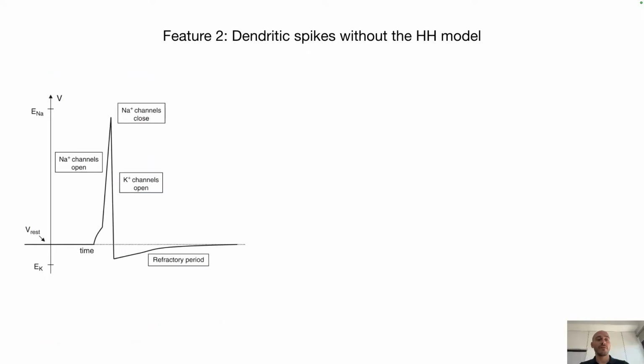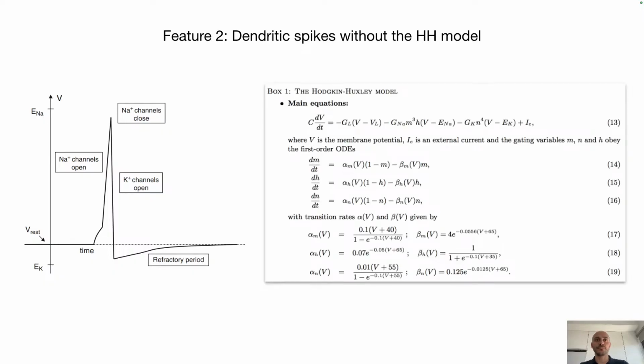And another feature that was implemented in Dendrify: I guess most of the audience is familiar with the Hodgkin-Huxley model. Raman also described it in the previous presentation, which is a state-of-the-art model on how to describe realistically the action potential dynamics.